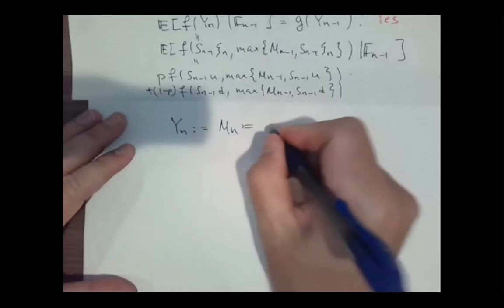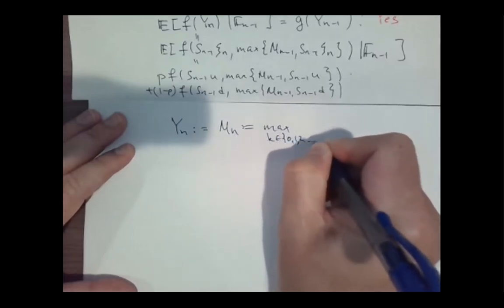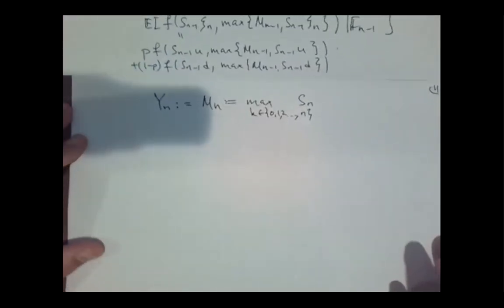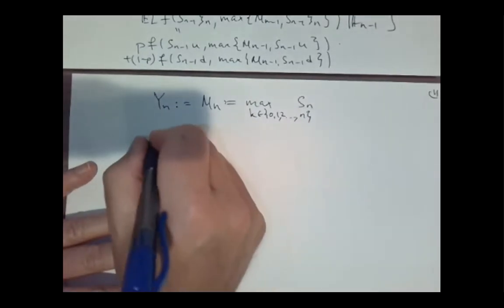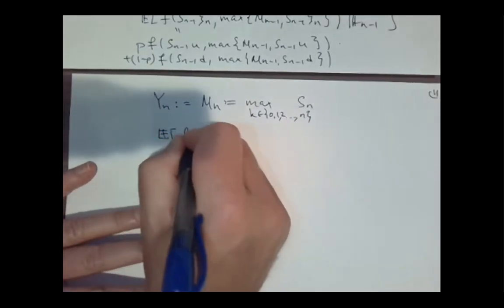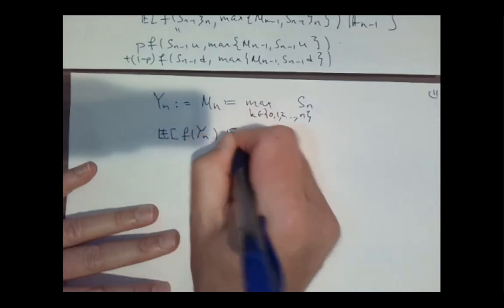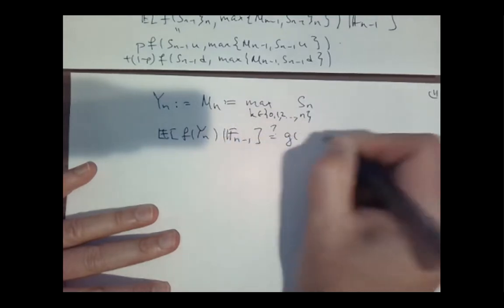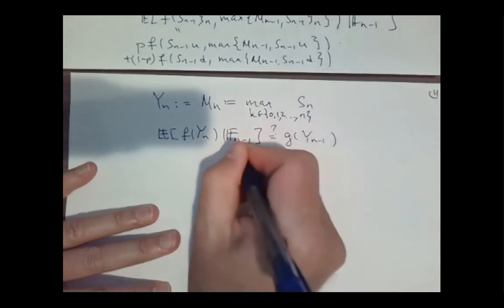So this here is the max, the maximum of the stock price along a given path. Would that work? So pick a function, plug the max into it, compute the conditional expectation. Is that going to be a function just of the value that the max has at the time of the condition?